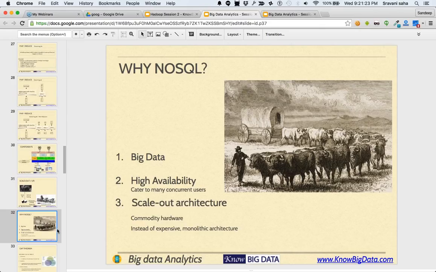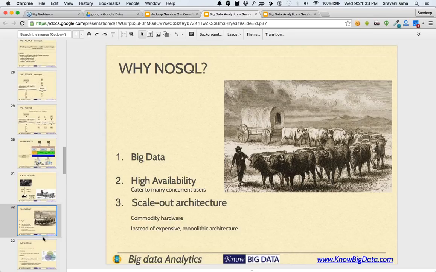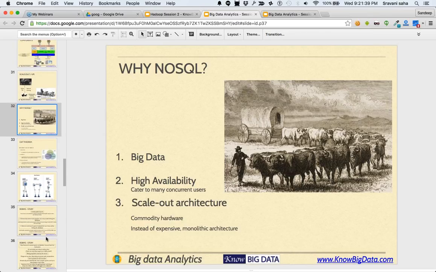Now, you must have heard a lot about NoSQL and all those stories. So we will go through a quick story on NoSQL, and that will make a lot more sense to you.